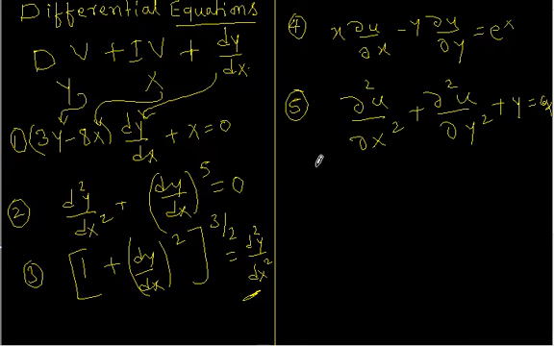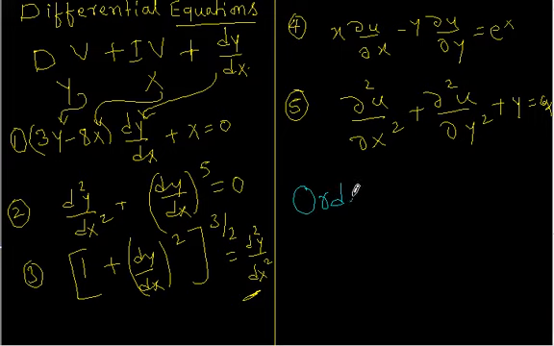So by seeing these differential equations, we can observe the order and the power of dy over dx or d square y over dx square. With this observation, we can define two very important terms with respect to differential equations. They are order and degree.